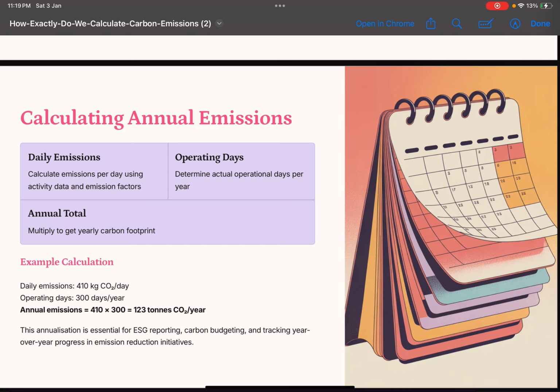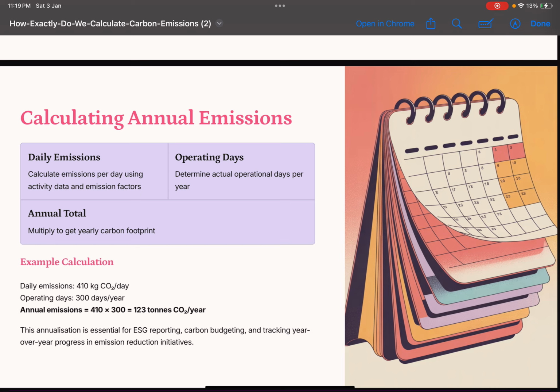For example, supposing the daily emissions are found to be 410 kgs of CO2 equivalent, not CO2, CO2 equivalent. And let us say that the operating days are 300 per year. Then the total annual emissions in that year would be 410 times 300, which is 123 tons of CO2 equivalent per year.